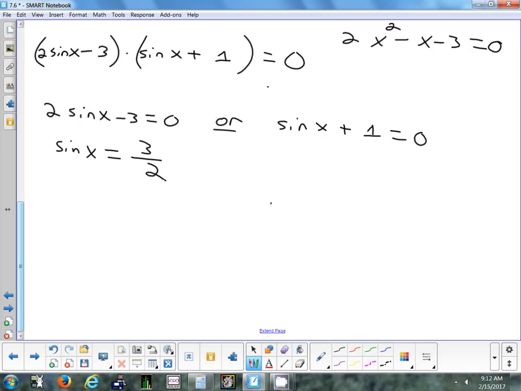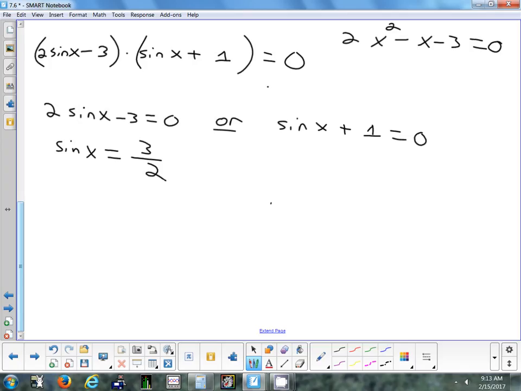So the next thing you would think about, if you want to think about it graphically, is this is saying, where does the graph of sine hit 1.5? When does the graph of sine reach a height of 1.5? It doesn't, right?